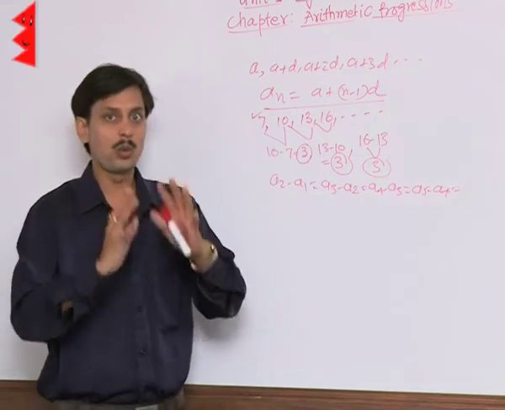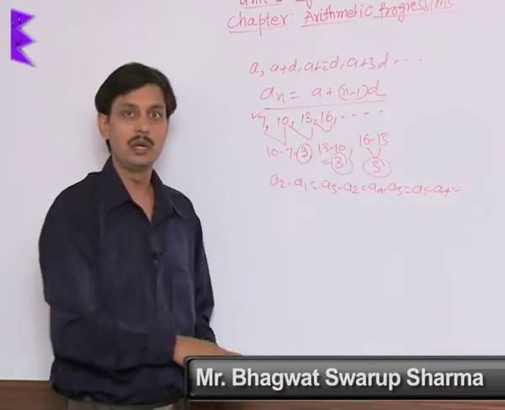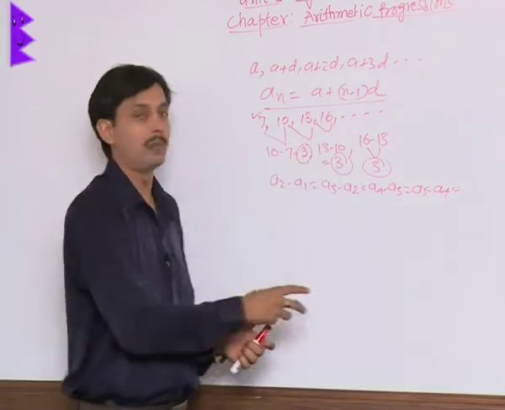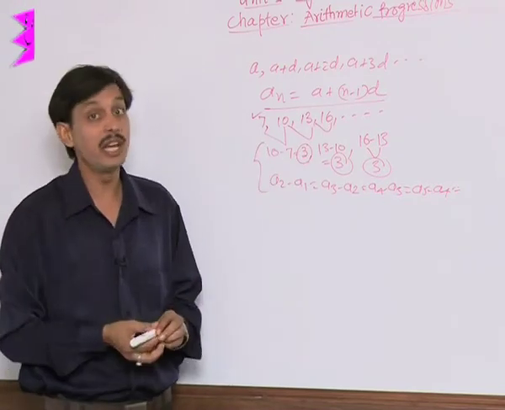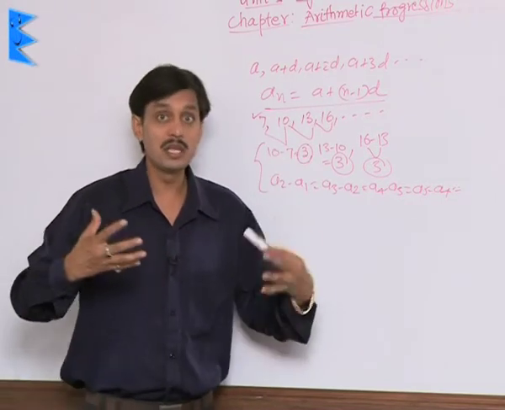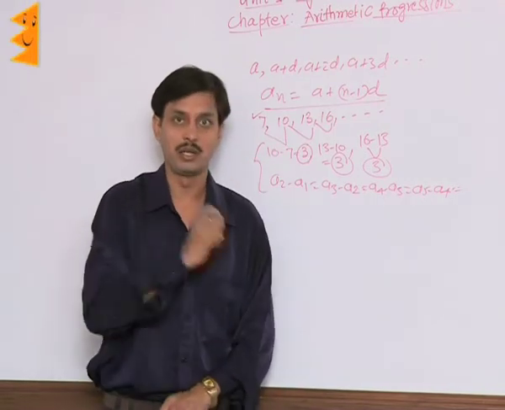Now suppose anybody is not permitting us to give the logic that this is the arithmetic progression with this reason, then what may be our second option? What may be the second method to say that the given progression is arithmetic?